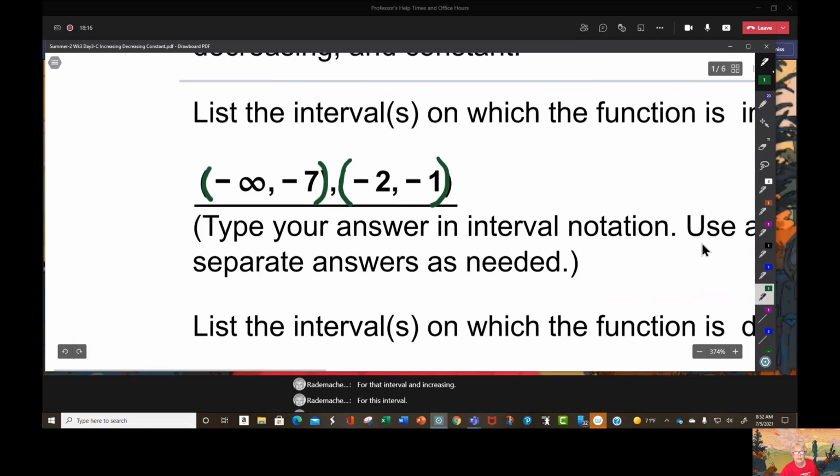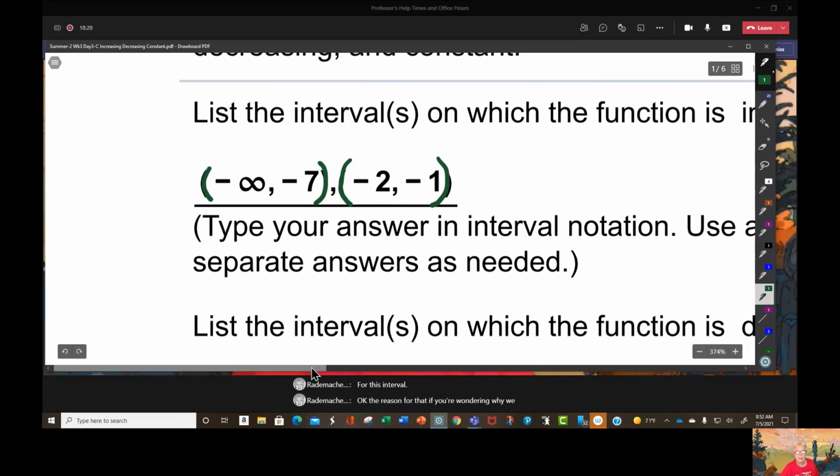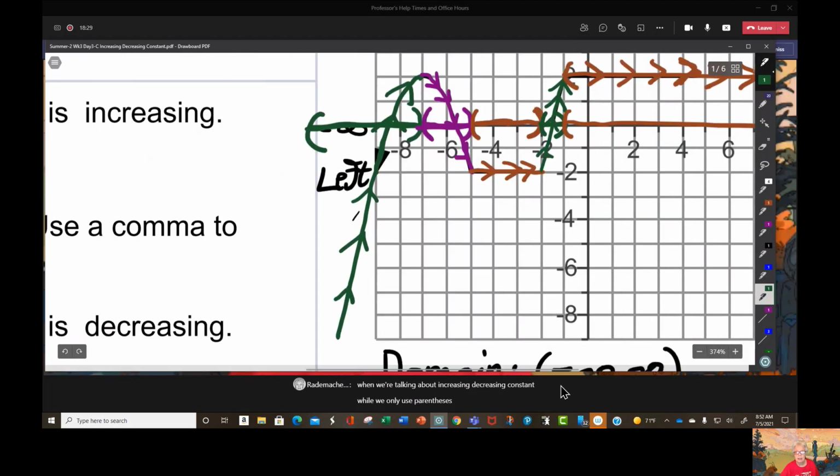Okay, the reason for that, if you're wondering why, when we're talking about increasing, decreasing, constant, we only use parentheses, it's because you can't say about this end point, well, is that the end of increasing or is it the beginning of decreasing?